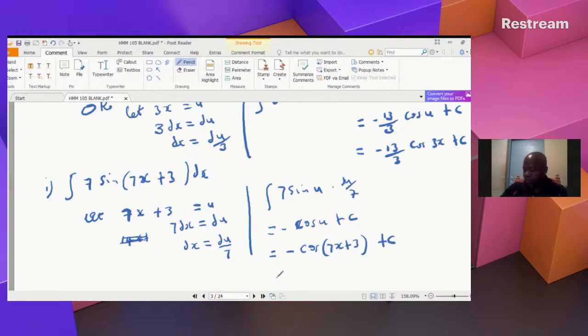Now let's look at the integral of sec, and of course we'll be doing the same thing. So let's look at it first.